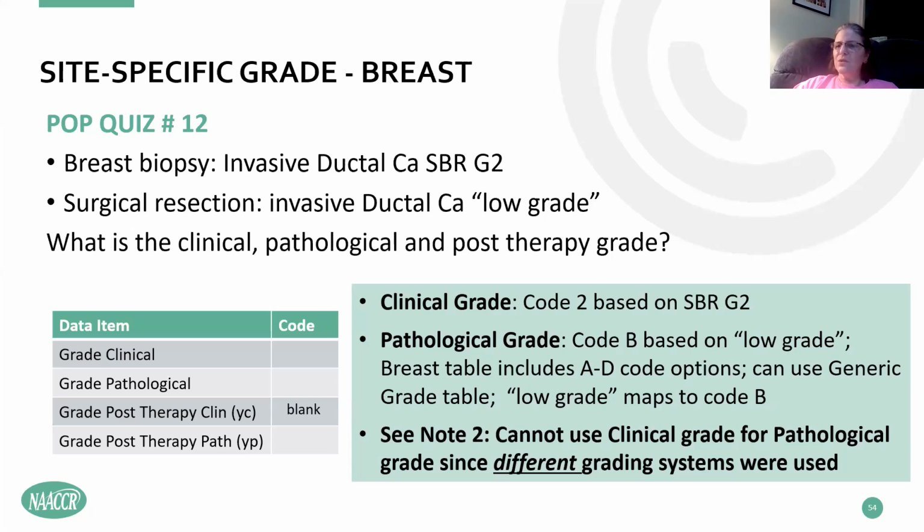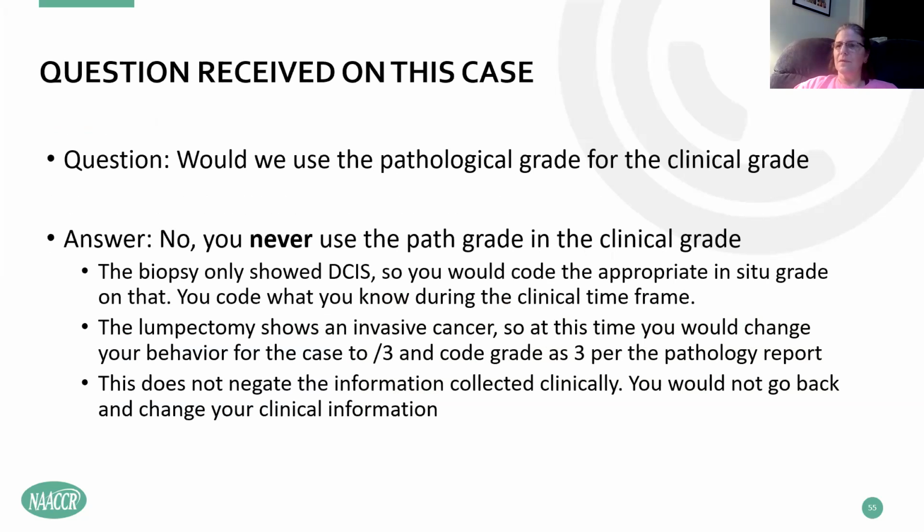For pathological grade, you would have to code a B based on the low grade. So the breast table includes the A through D code. So you would use the generic coding grade table in this instance. And as a reminder, you cannot use the clinical grade for the pathological grade since the different grading systems were used. So that's some of the notes that we just went over.